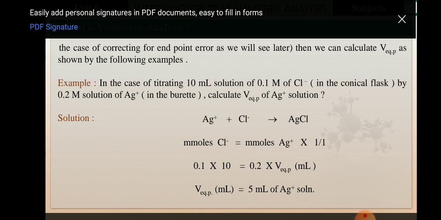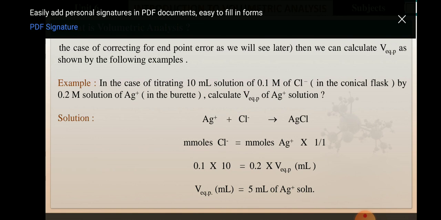Firstly, for example, in the case of titrating 10 ml of 0.1 molar chloride, Cl minus, in the conical flask with 0.2 molar solution of Ag plus, that is silver, in the burette, calculate the volume at the equivalent point of the Ag plus solution.